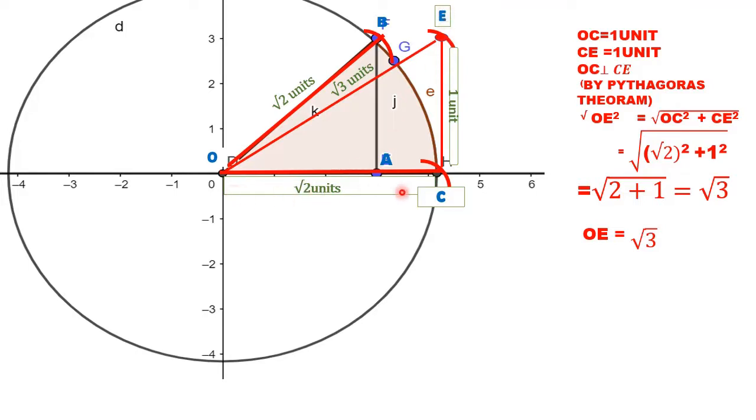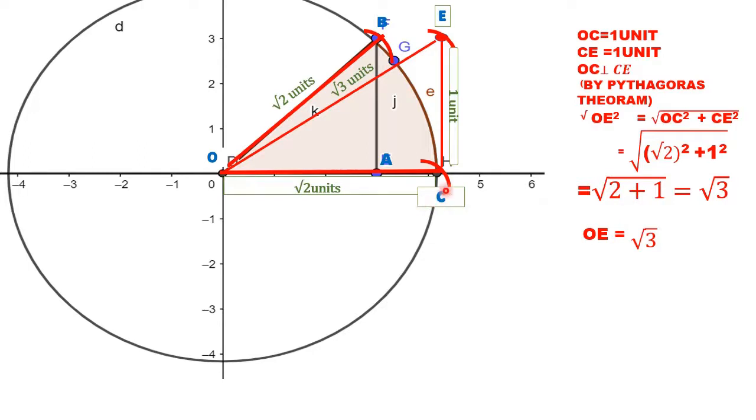OC is equal to root 2. Do you remember how we got it? Yes, we located at point C root 2. So point C is equal to root 2, and the distance OC is equal to root 2. Taking the square of root 2 gives root 2 squared. Root 2 into root 2 is 2.